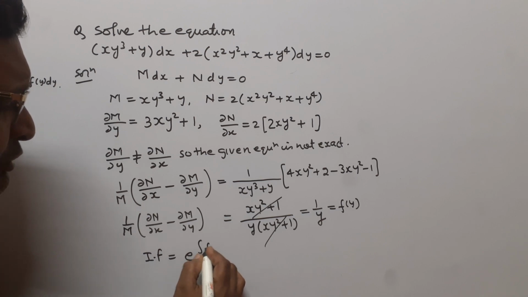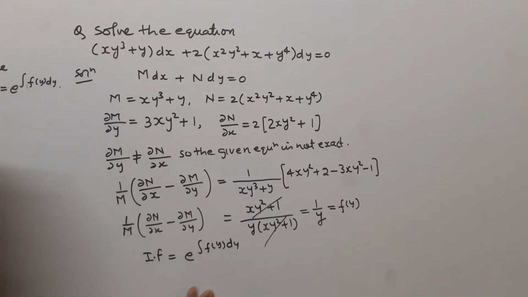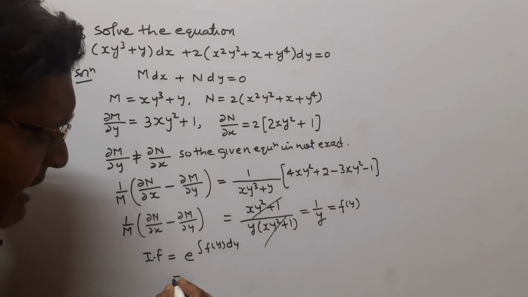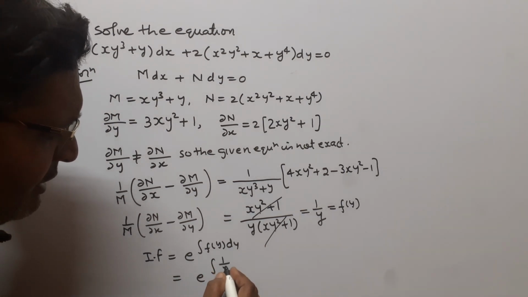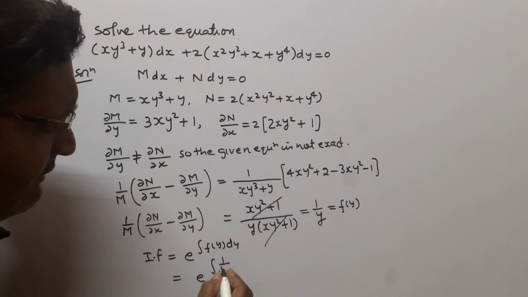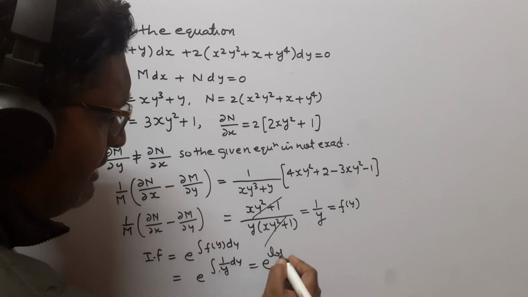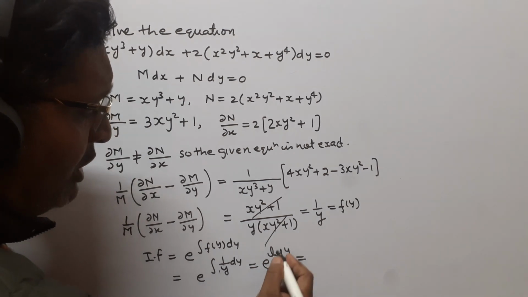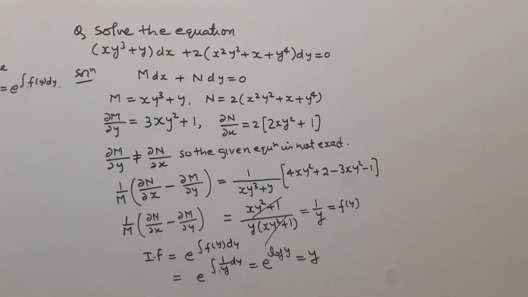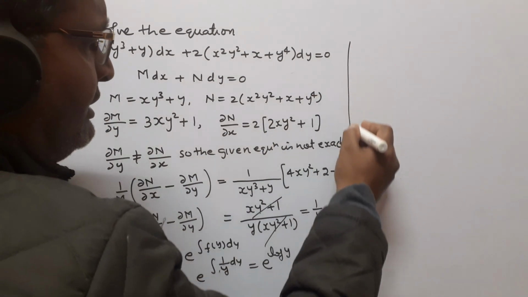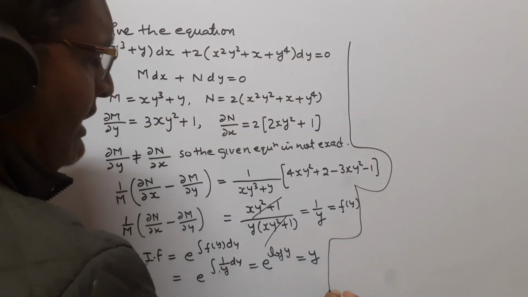The integrating factor I.F. is equal to e to the power integration of f(y) dy. Now we write this as e to the power integration of 1 upon y dy, and we know that when we integrate 1 upon y with respect to y we get log y, and e to the power log y is equal to y. So the integrating factor is y here. Now when we multiply it into the given differential equation, it reduces into exact form.